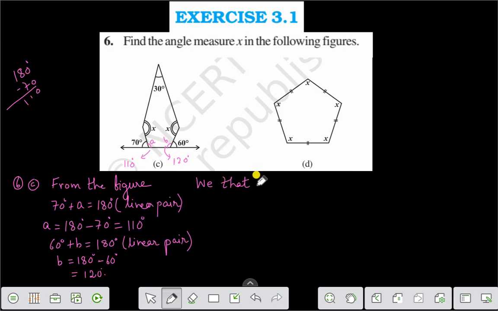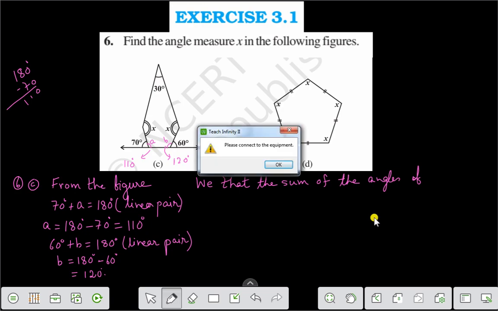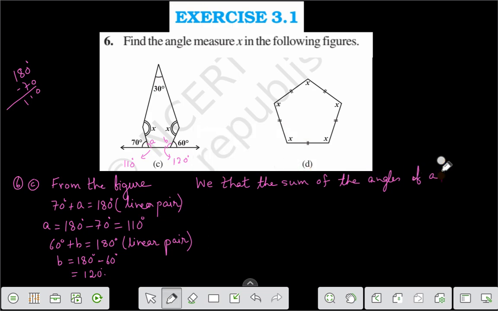the sum of the angles of a polygon of n sides is n minus 2 into 180 degree.